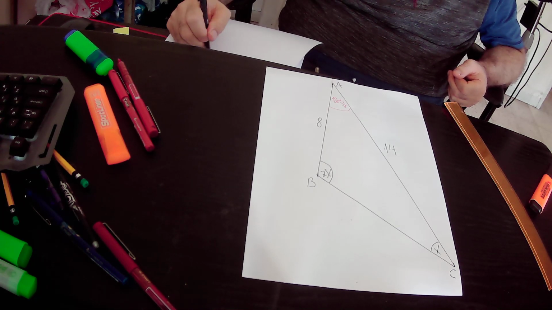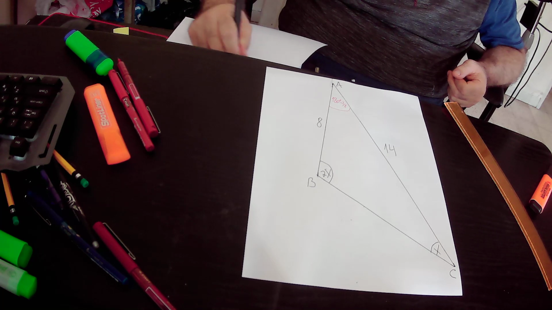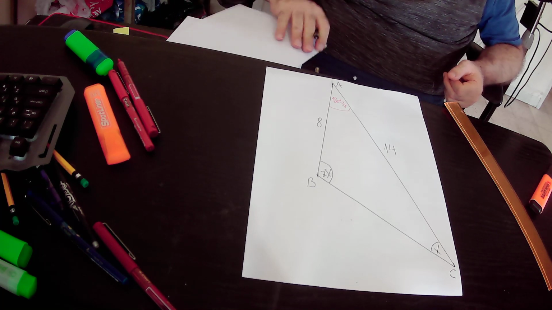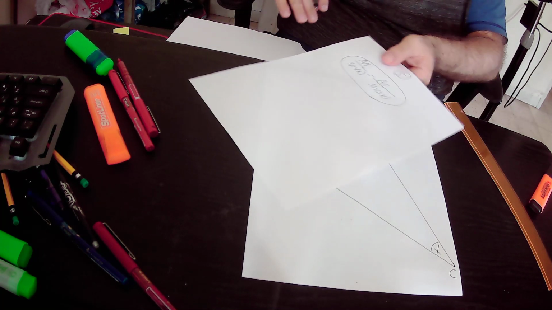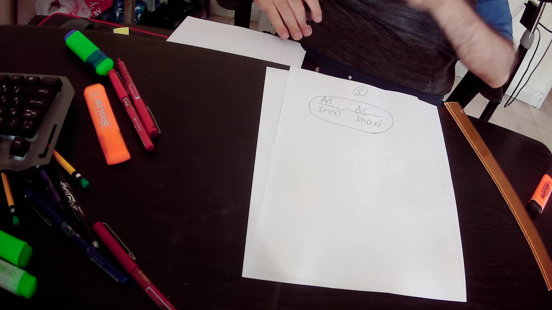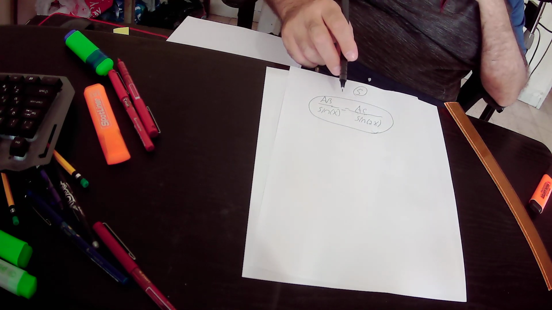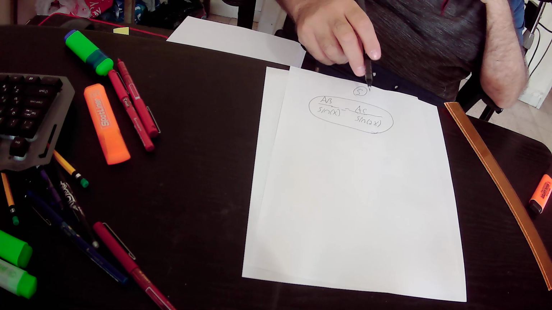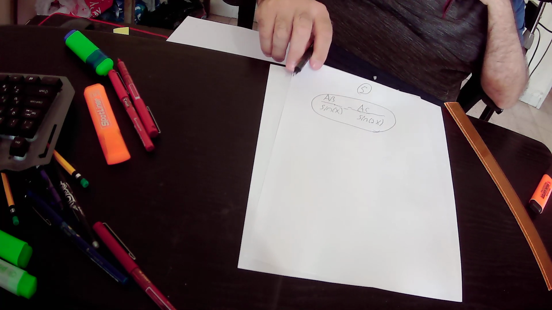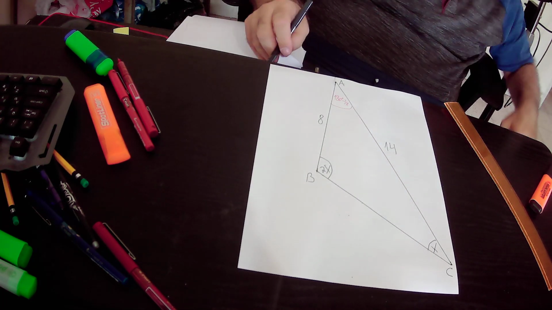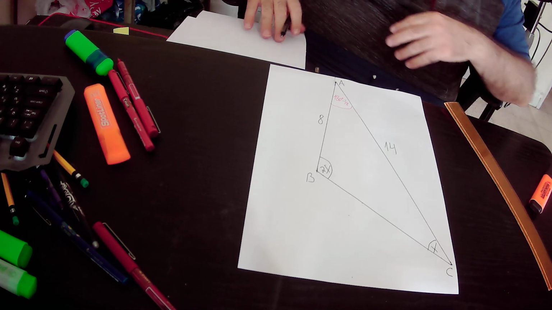Okay, so the implementation of the law of sines in our triangle ABC means that AB over sine x equals AC over sine 2x. Okay, but what is the value of AB?